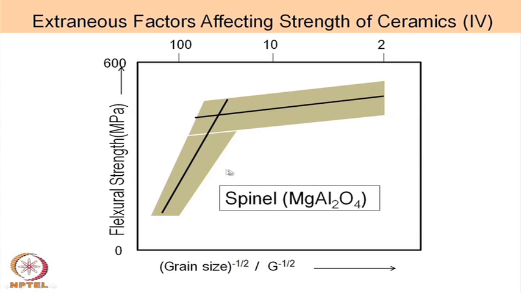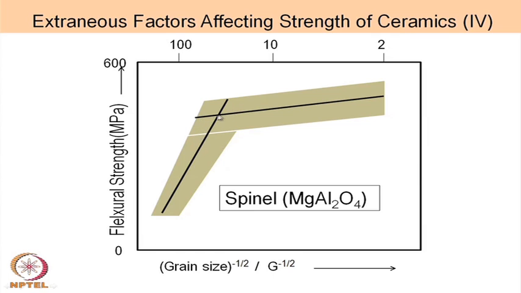This is for a particular material like spinel. If you plot the flexural strength as a function of grain size, once again as the grain size increases, the strength decreases, and there are two different slopes. Up to a certain value of grain size, one slope, and then there is a further decrease.